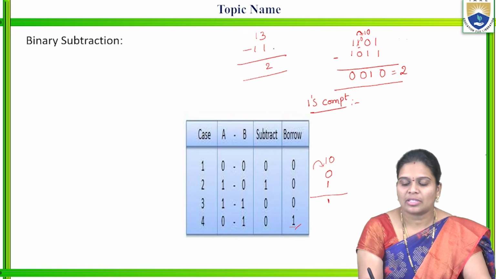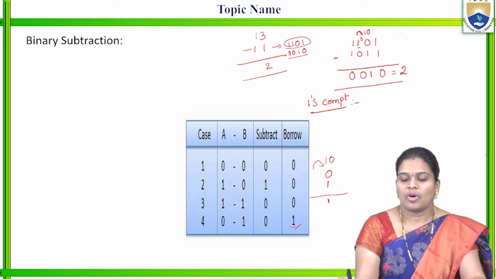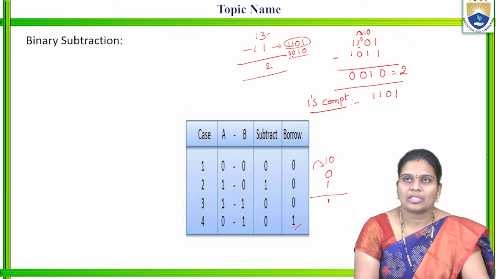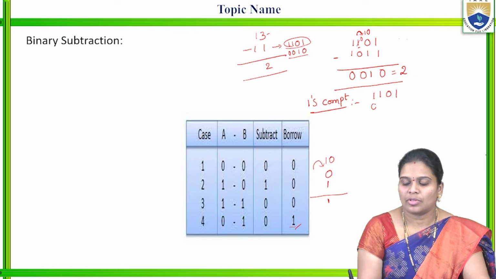For this 11, we apply the 1's complement. In the 1's complement, 1's change to 0's and 0's change to 1's. So the 1's complement of 11 is 0, 0, 1, 0. The equivalent of 13 is 1, 1, 0, 1, plus the 1's complement of 11, which is 0, 0, 1, 0.